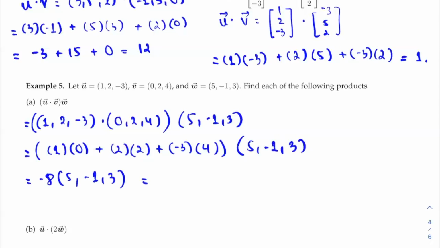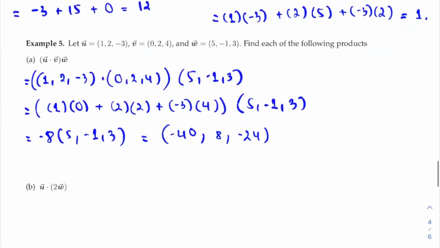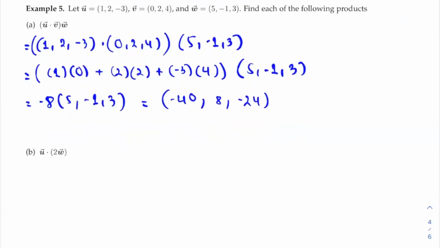Negative 8 in this case is a scalar, and you scale the vector 5, negative 1, 3. So I get negative 40, positive 8, and negative 24. That's how you calculate u dot v and then multiply with w. You follow the structure that you learned in algebra: perform the calculation inside the parentheses first and then multiply that with another vector later.